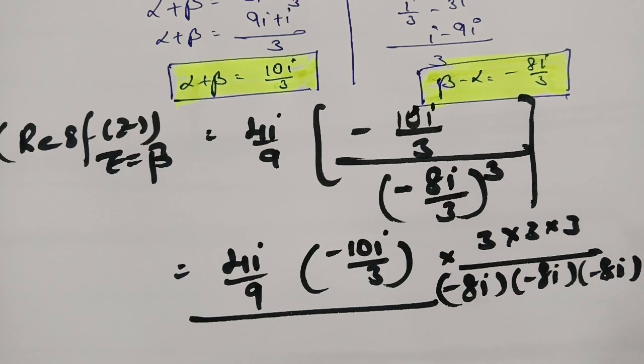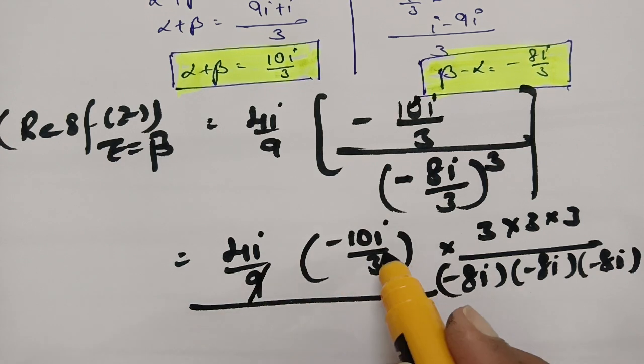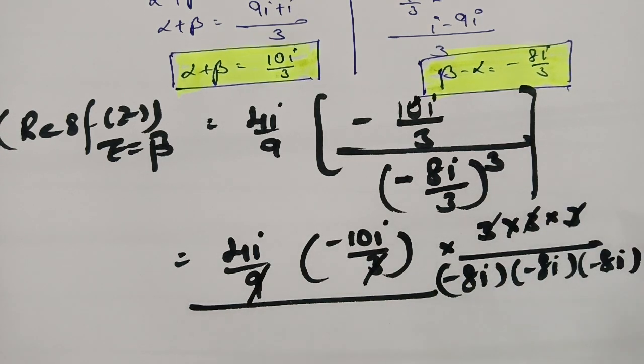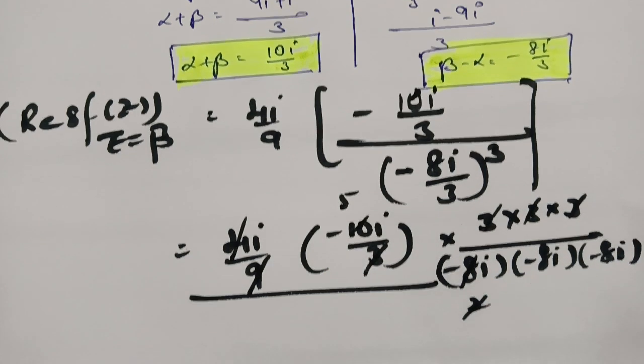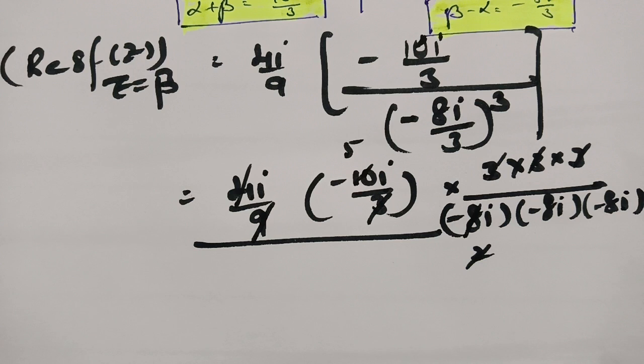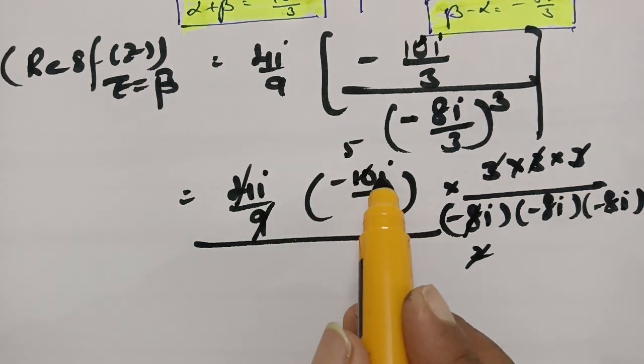Clear? Now 9 threes are 27 and this is also 27. In 4 it goes in 2 times, and 10 goes in 5 times. Here minus into minus into minus, and here also minus. So here i square is minus 1.